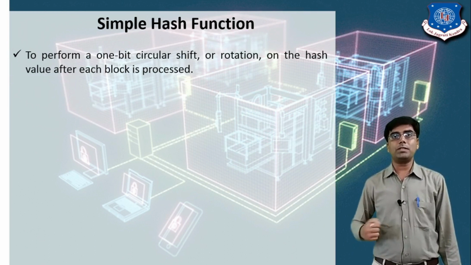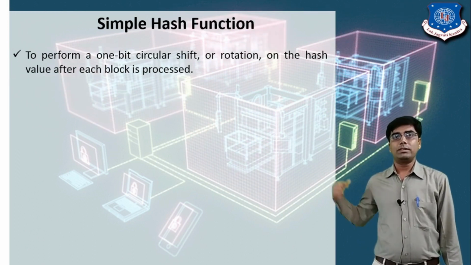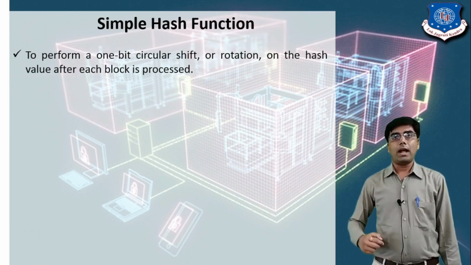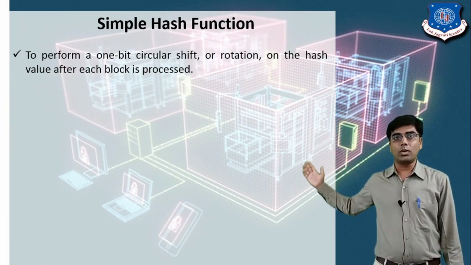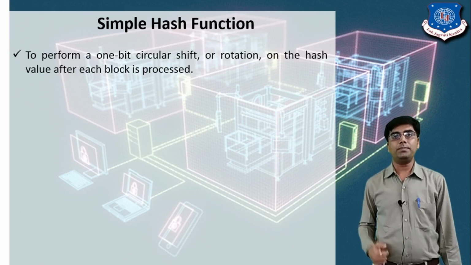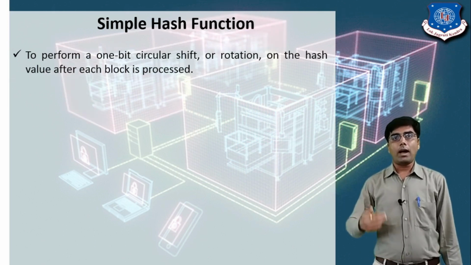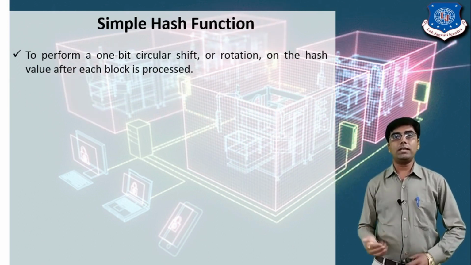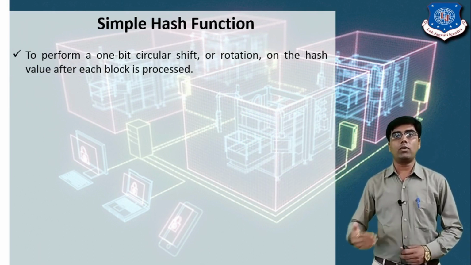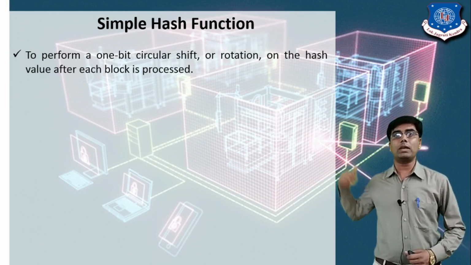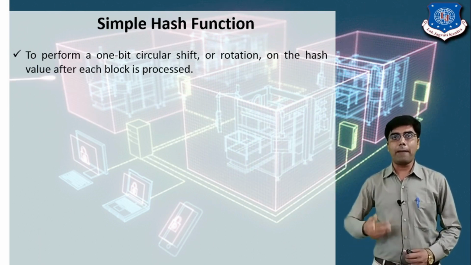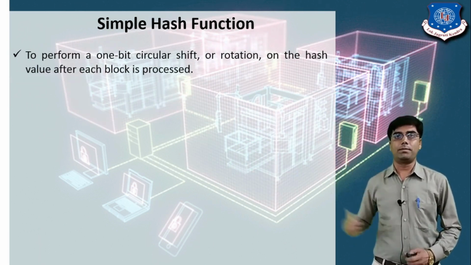To overcome this problem, we will use the second hash function, in which we perform a 1-bit circular shift, or rotation, on the hash value after each block is processed. It means first we apply the shift or rotation, and after that we process each block.